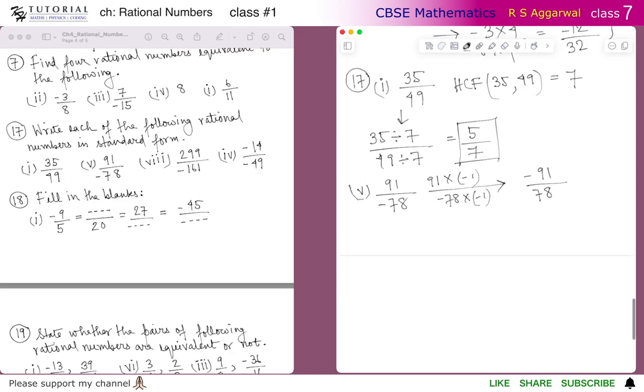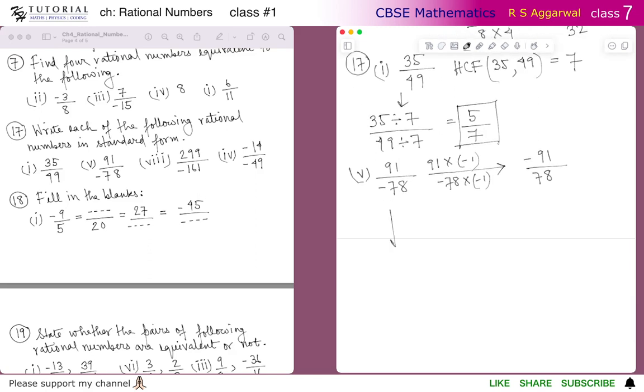Okay, and what is the next step? The next step is we have to find the HCF of the numerical value of the numerator and the denominator, that is 91 and 78.